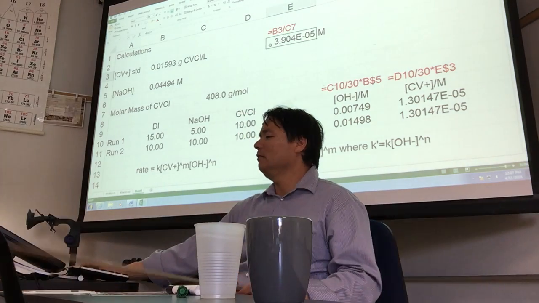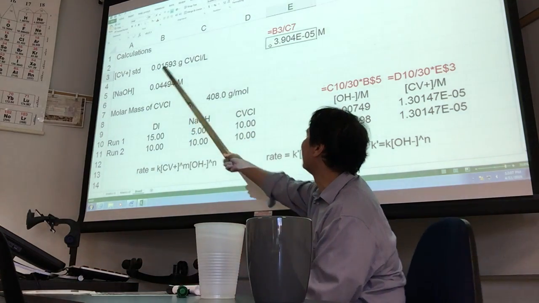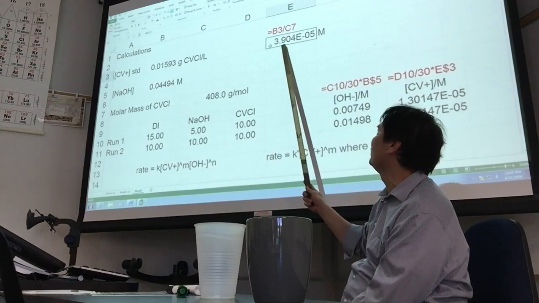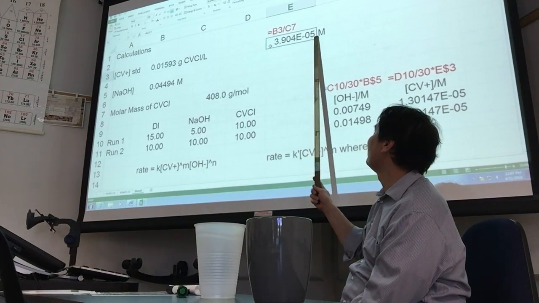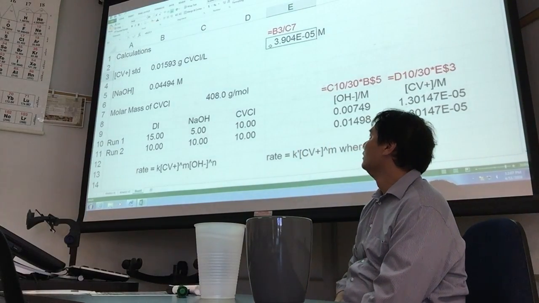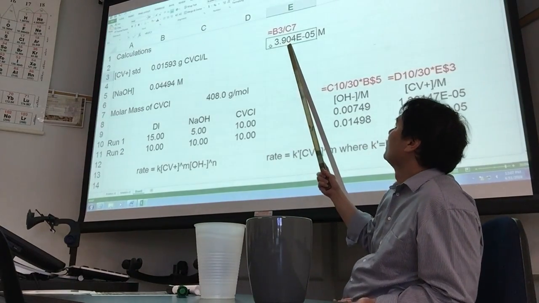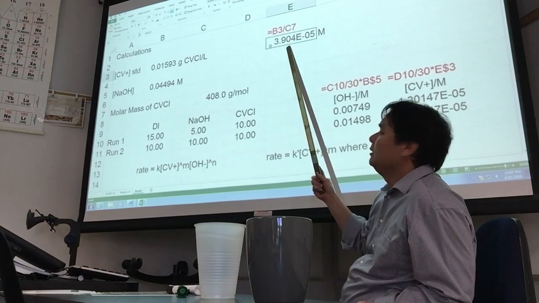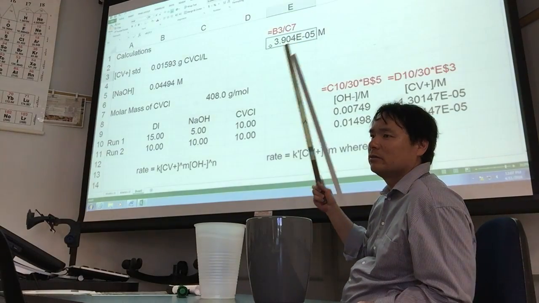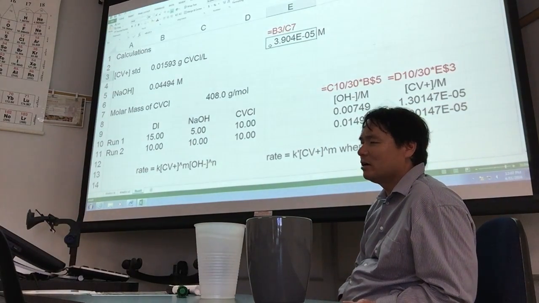And so when I look at the crystal violet standard, the concentration is 3.9 times 10 to the minus 5 molar. 3.904, sig figs. That's 39 micromolar. Is 39 micromolar very concentrated?